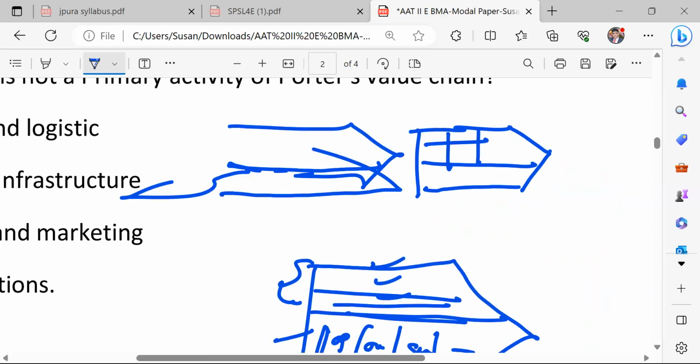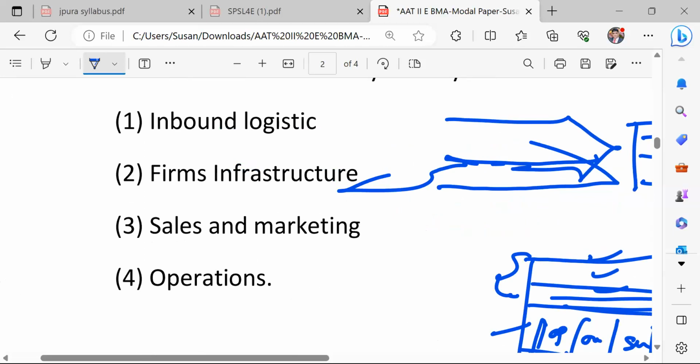You can get the diagram from your study text. You can refer to two lessons to learn Porter's value chain analysis. One is operations management lesson 3, which introduces value addition related to Porter's value chain analysis.